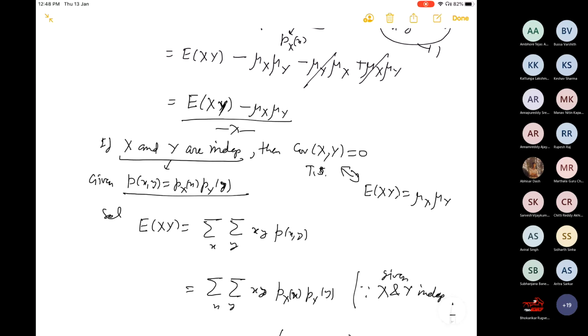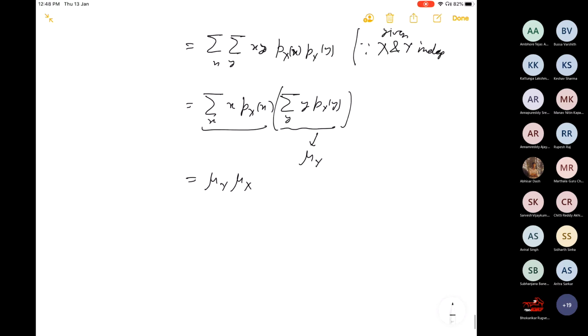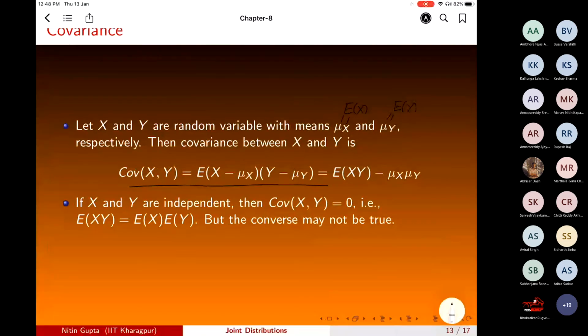But if the covariance is 0, then it may or may not imply that X and Y are independent. So the converse may not be true.